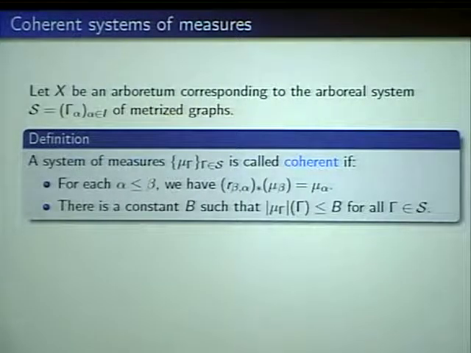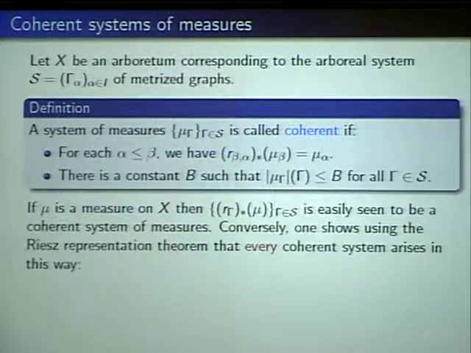And there's some boundedness property, so that these will give us a bounded measure in the limit. There should be some constant B so that the total mass of mu gamma is bounded by B. Remember, mu gamma has mass 0, but I'm taking the absolute value here, so the positive and negative parts should stay bounded. This is part of the bounded differential variation idea.